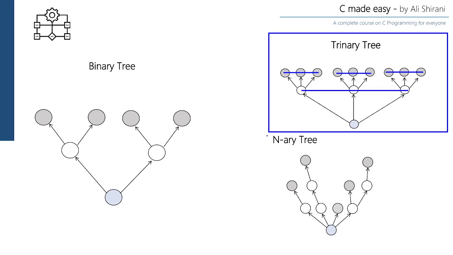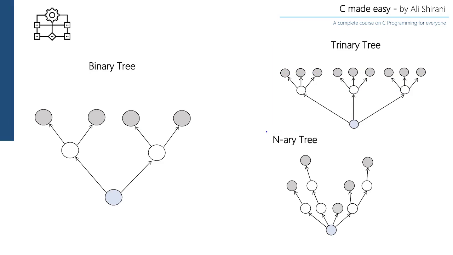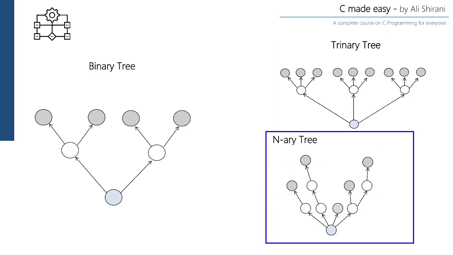Now, the other structure that we have is n-ary trees. N actually means that it can be any number. So the root can point to as many nodes as it wants, either 1 or 2 or 3 or 4 or 5, whatever number each node can point to. Implementation is a little different than the ones that we do with a limited number of nodes under one node.